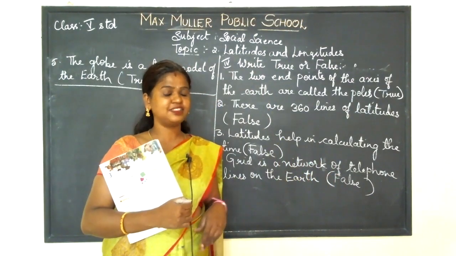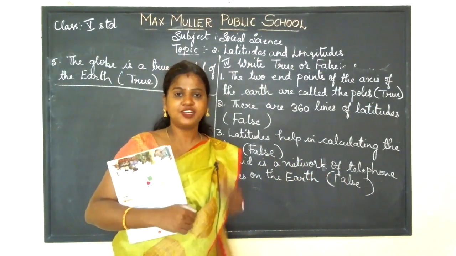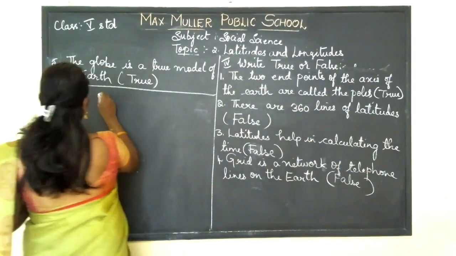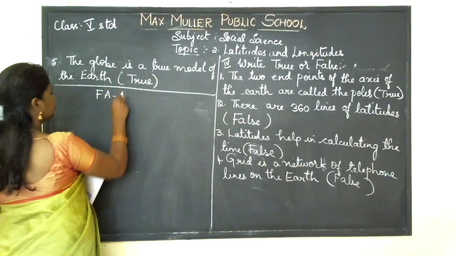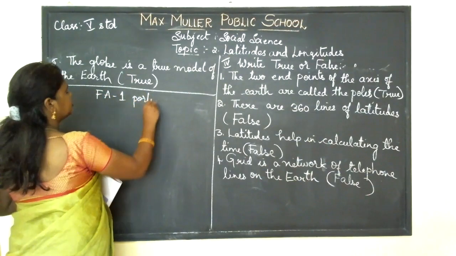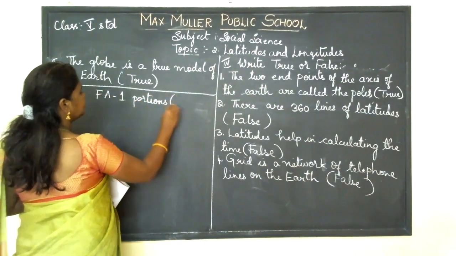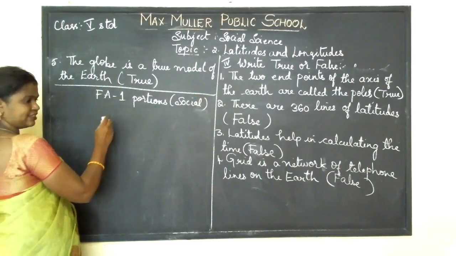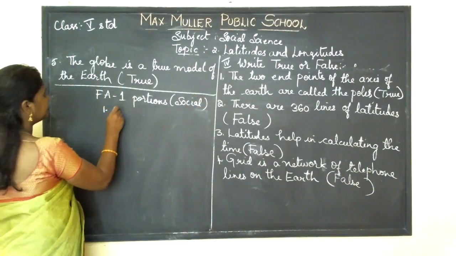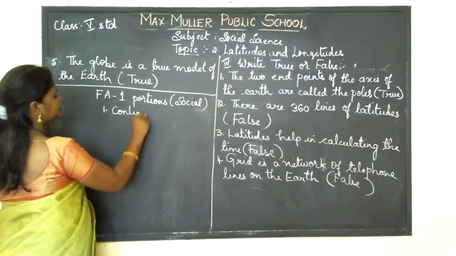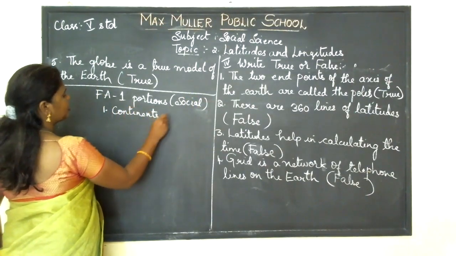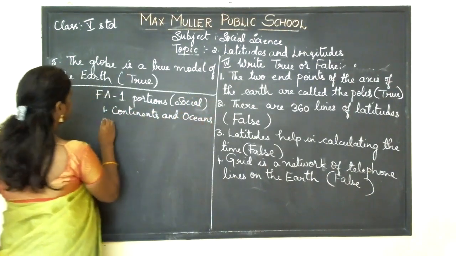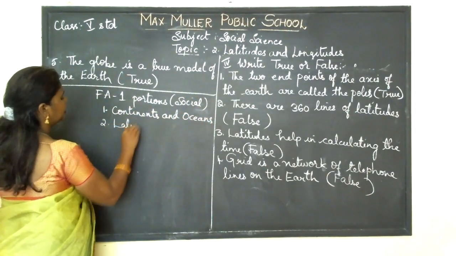Today is the second lesson, that is latitudes and longitudes. And I'll be giving you the essay portions, children, that is for social. There are 2 chapters for the test. The first lesson is continents and oceans, and the second lesson is latitudes and longitudes.